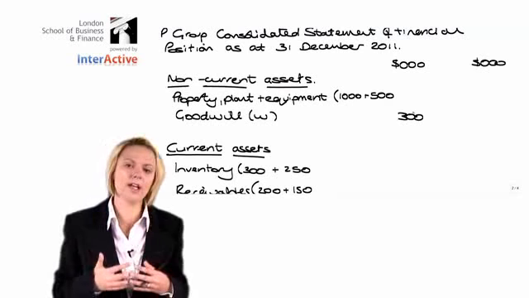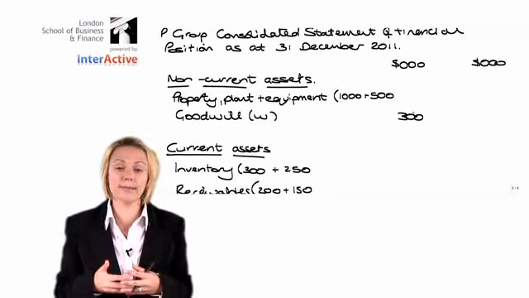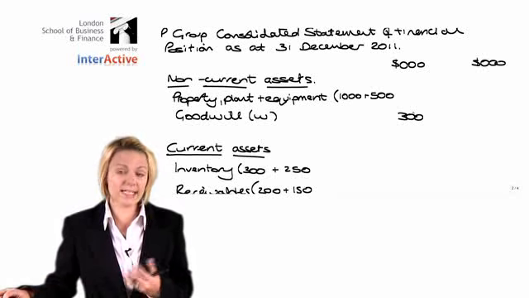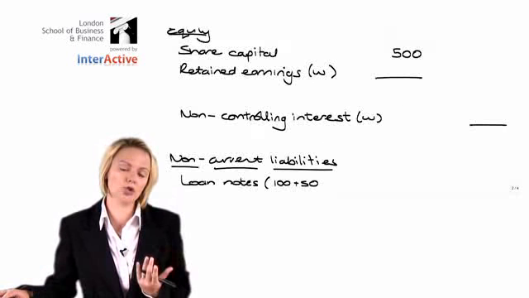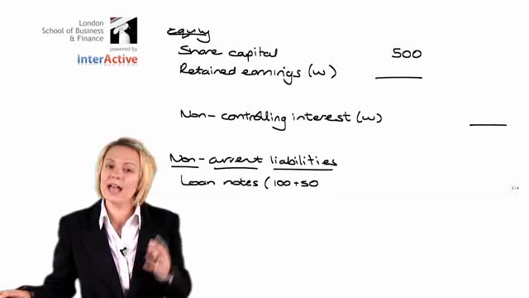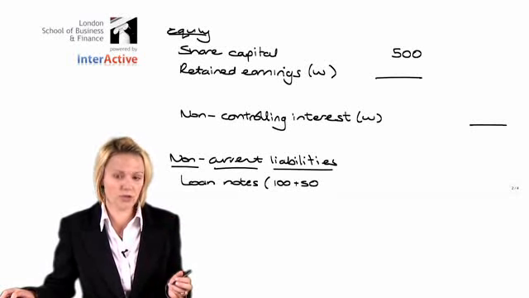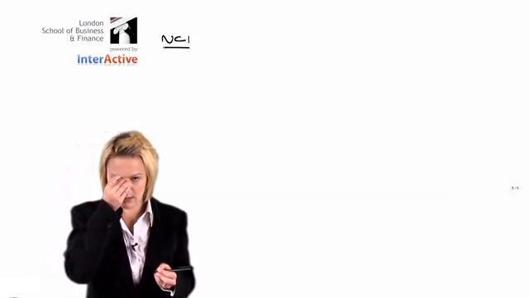Okay, so there we have it. Our first figure for the consolidated statement of comprehensive income now complete. We're still looking for two others though, retained earnings and non-controlling interest. The next working we're going to do is for non-controlling interest. So, next working after goodwill will always be NCI, non-controlling interest.